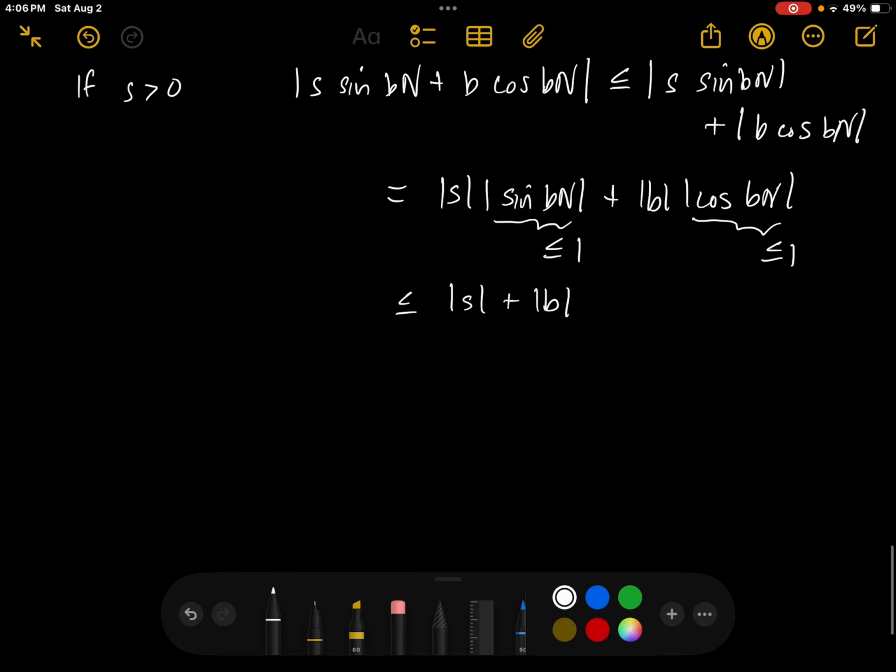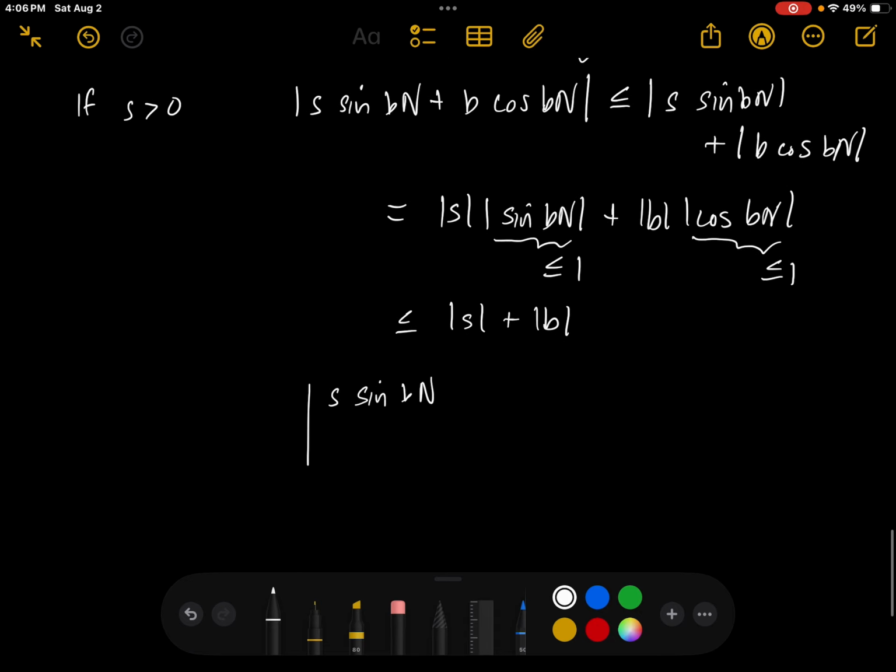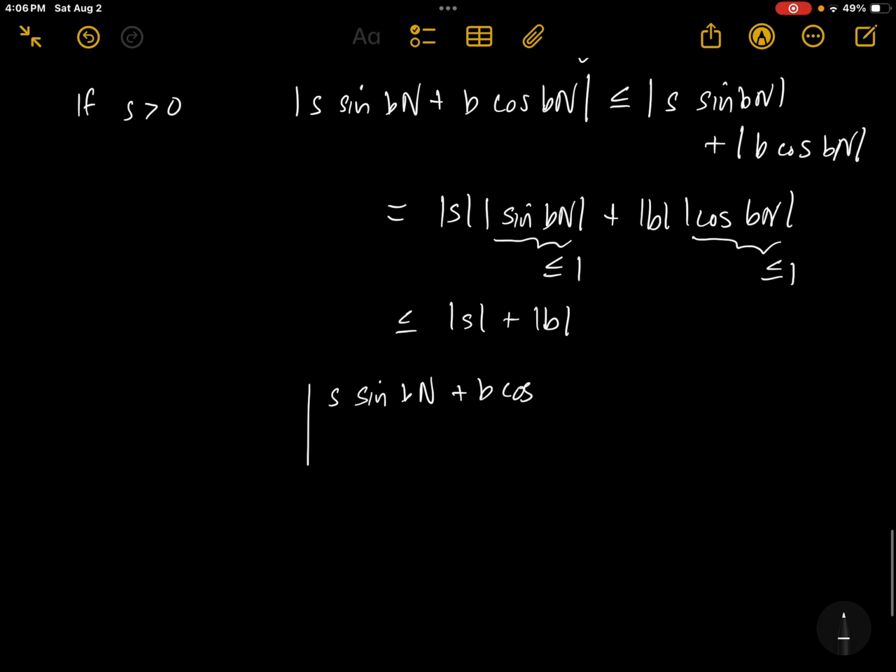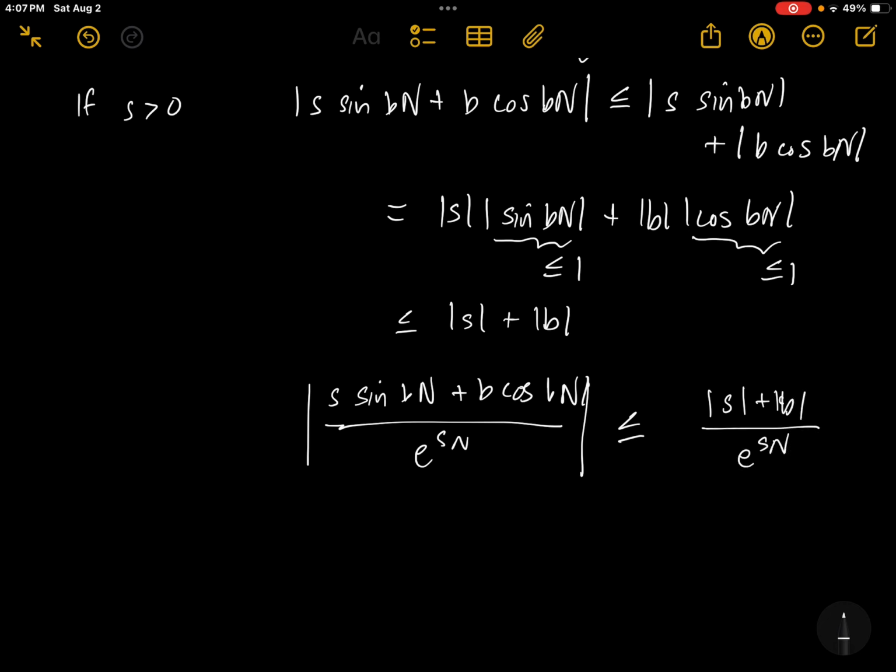If you take the absolute value of this, it is less than or equal to the absolute value of s plus the absolute value of b over e to the sn.